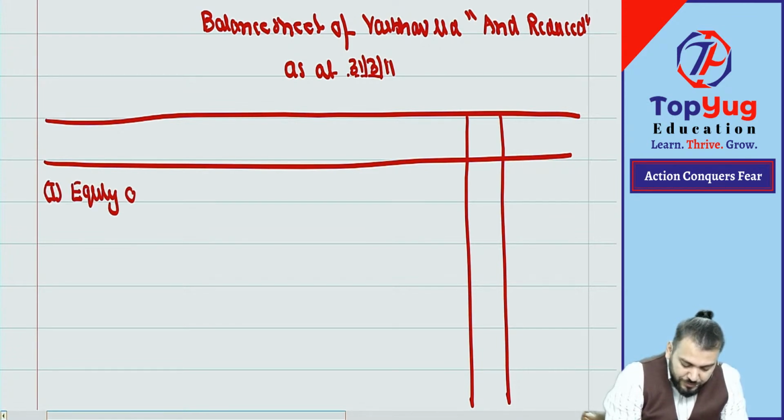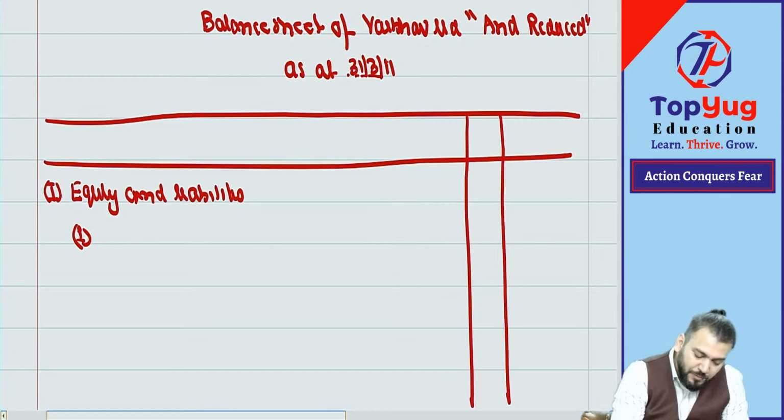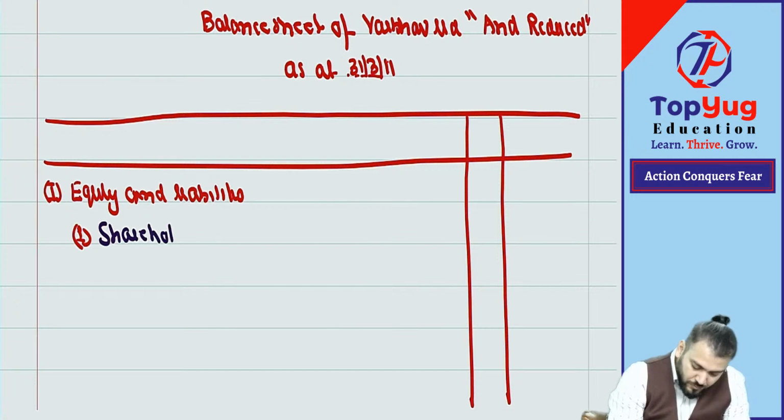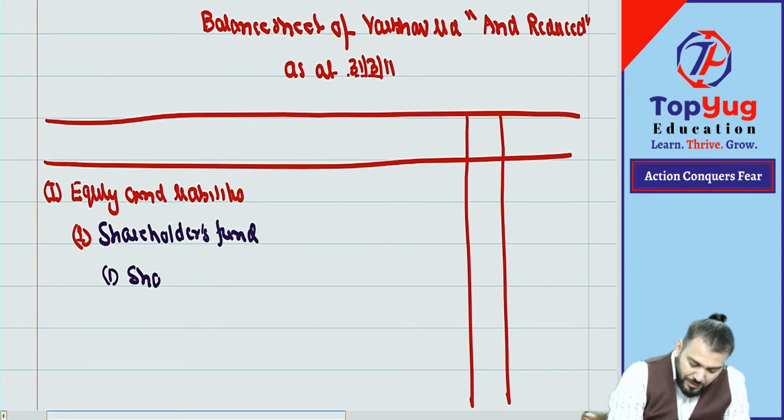Can we start? 1. Equity and liabilities. Under this 1, shareholders' fund. Under this point number 1, share capital.